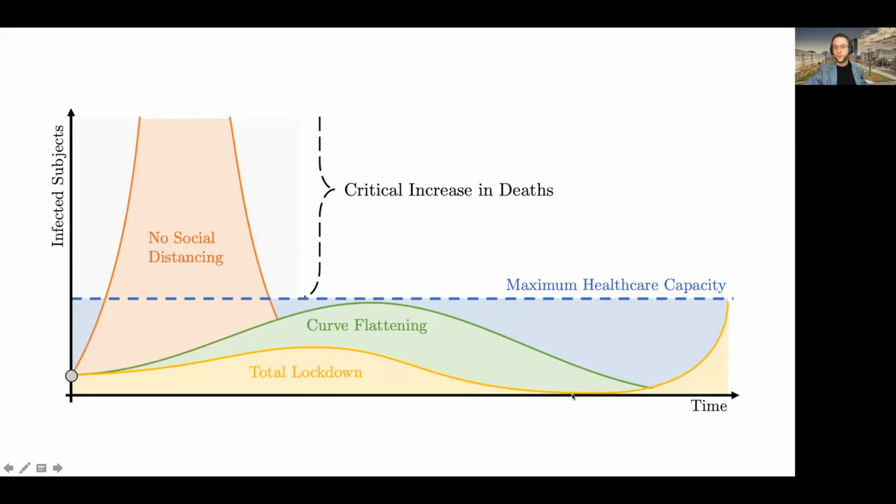So at some point, it has to be released when the infections are almost zero. But what happens is that when you release it, it diverges again, and it behaves as if we had no social distancing, but just delayed. Instead, the curve flattening strategy has as a basic idea that of letting the virus spread only to the extent that it can be cured by the healthcare system.